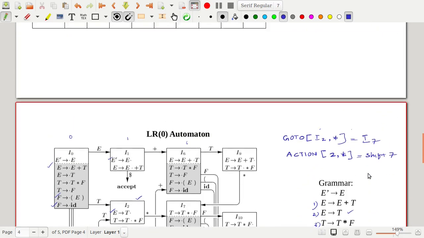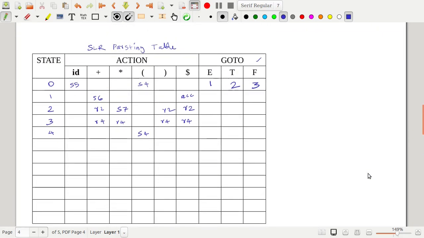That we have to fill here: 4 comma ID S5.